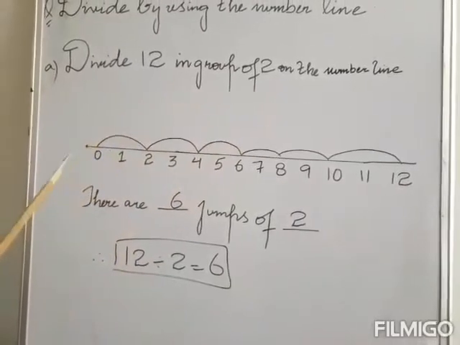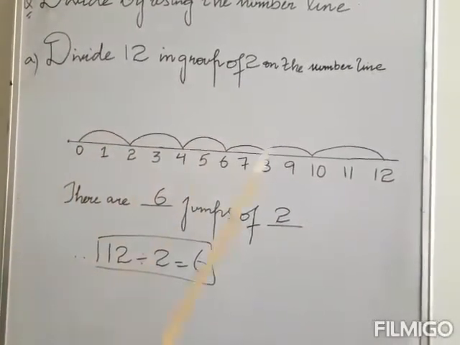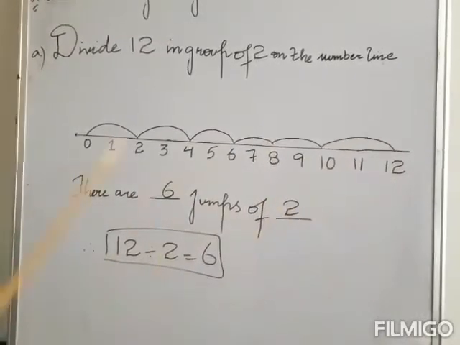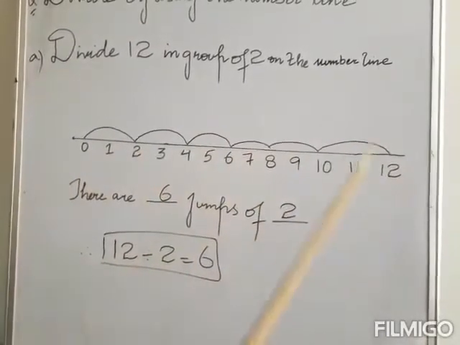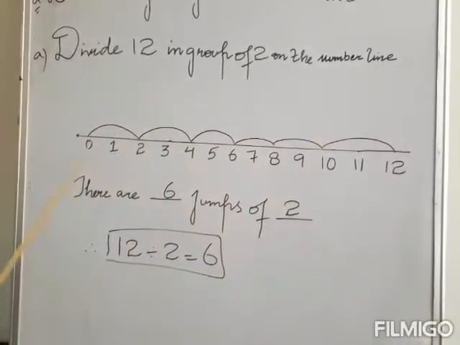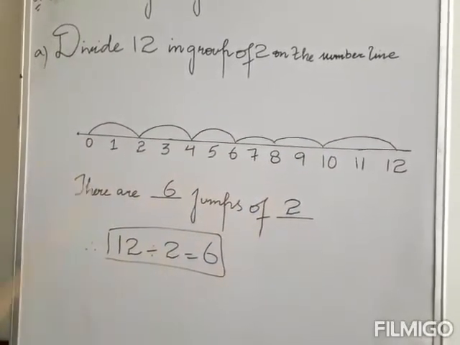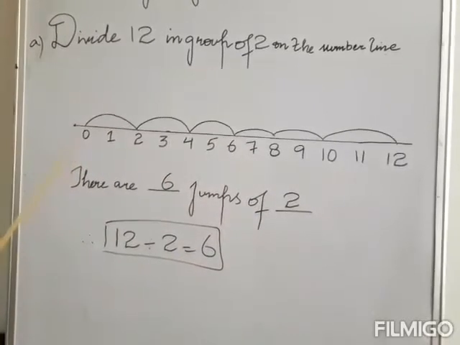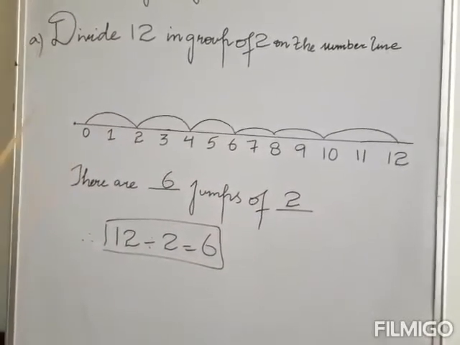For that purpose, first draw the line, then put the numbers on the line starting from the number 0. What do you have to do first?